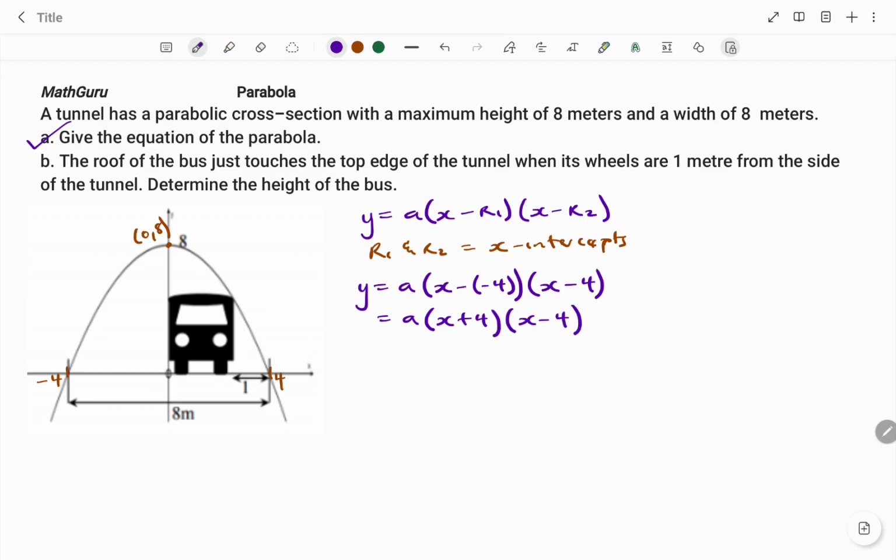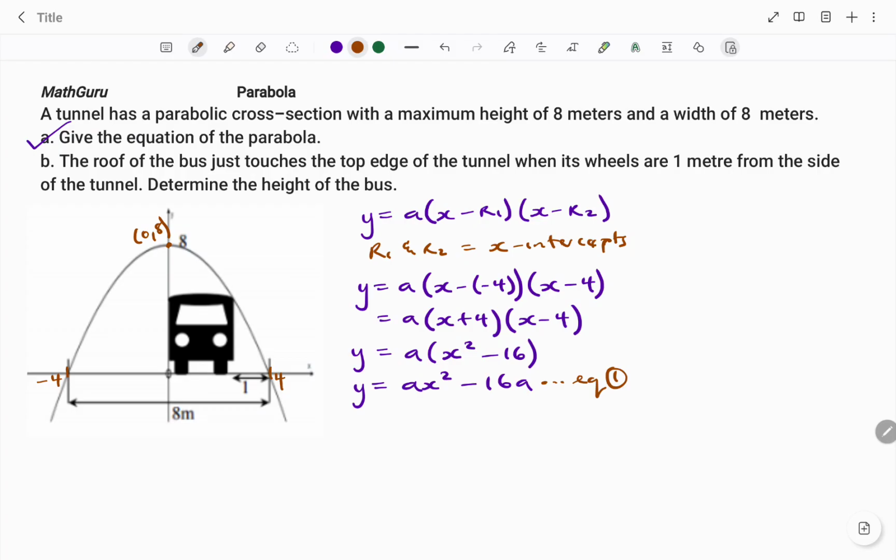And if I expand using the difference of two squares, that will be y equals a(x squared minus 16), and that will be y equals ax squared minus 16a. I've been able to get my first equation as shown, so therefore I tag that as equation 1.